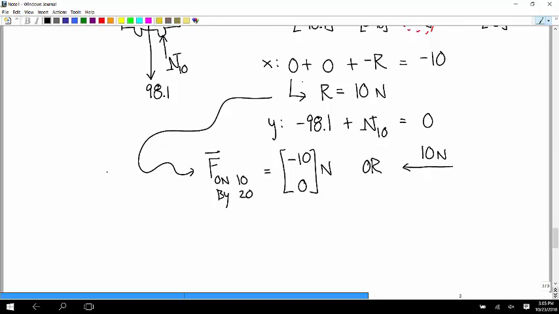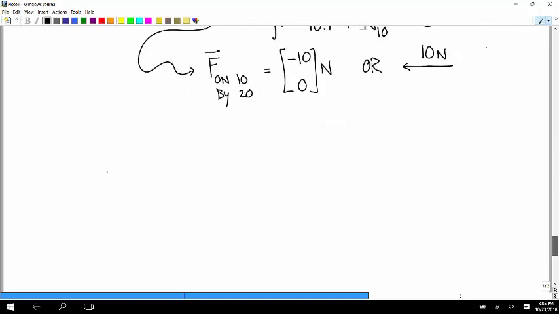Any questions about that? Okay, so now we're going to isolate the 20 kilogram, and we're going to calculate the force applied to the 20 kilogram by the 10.